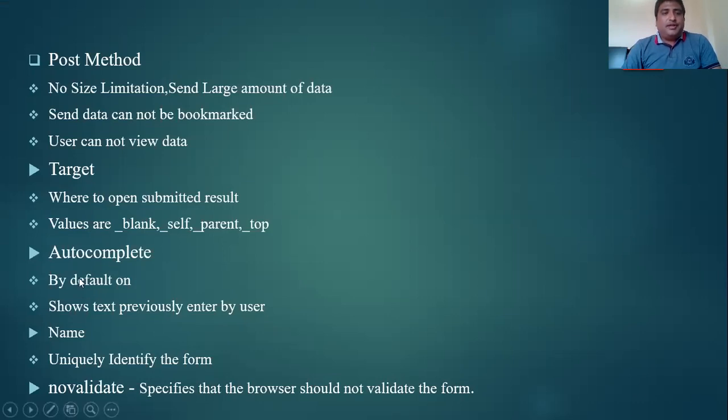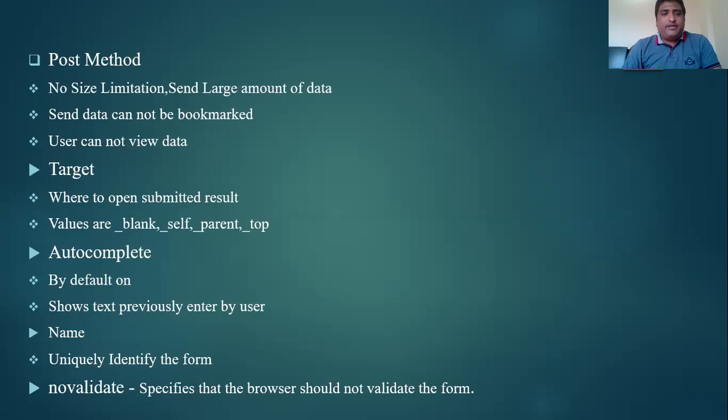Next attribute is autocomplete. In autocomplete, by default its value is on. So whenever user try to enter the text, it will suggest to user. For that we use autocomplete property. If we don't want, we can set it off.